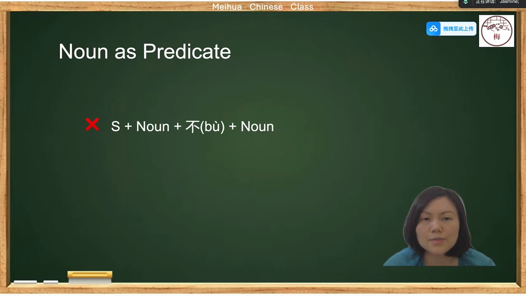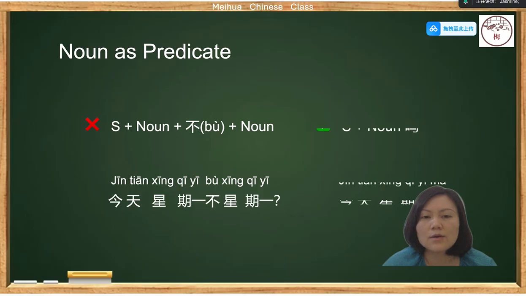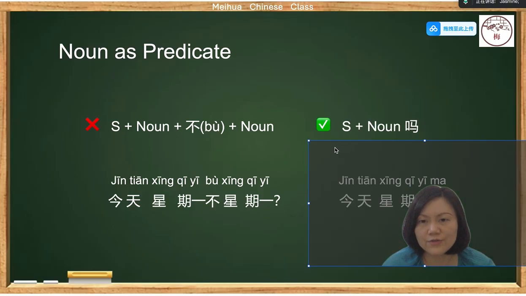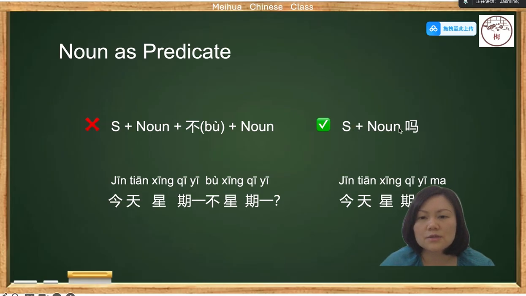Noun, 不, noun. Actually, we don't have this. In this situation, we don't ask in this structure. We just ask in the yes or no question form: subject plus noun plus 吗.